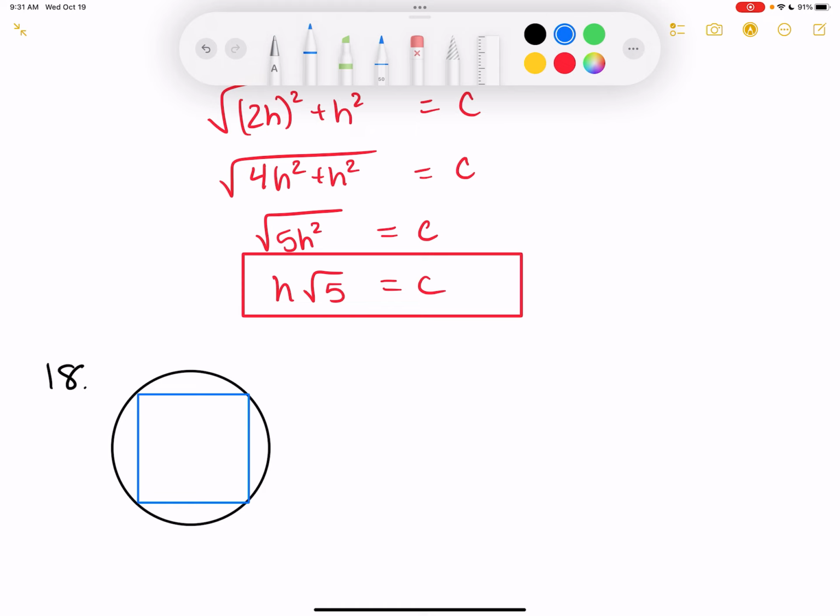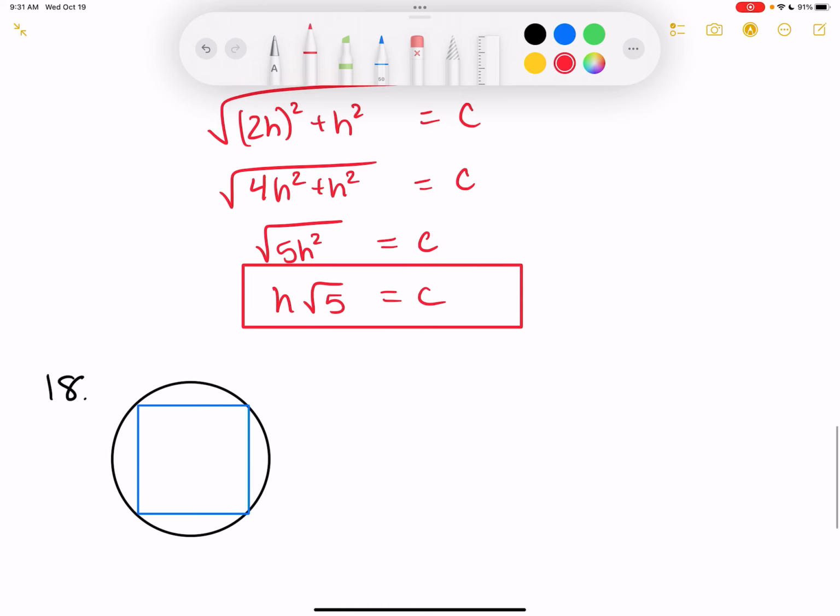All right, so a square is inscribed in a circle. Write the area of the square as a function of the radius of the circle. Okay, so we know that from the center to the edge would be r. This is the side.